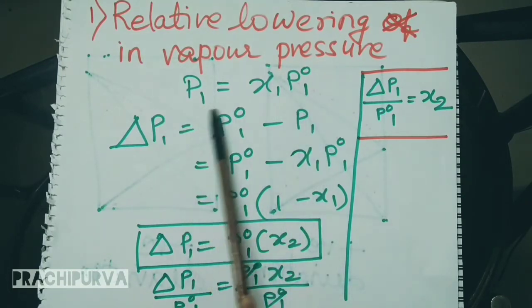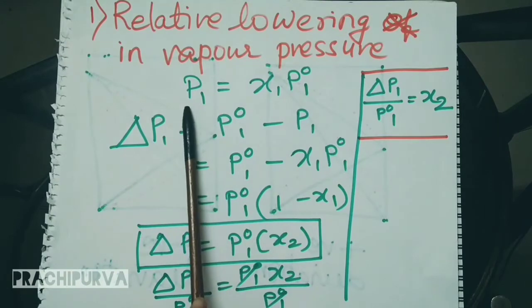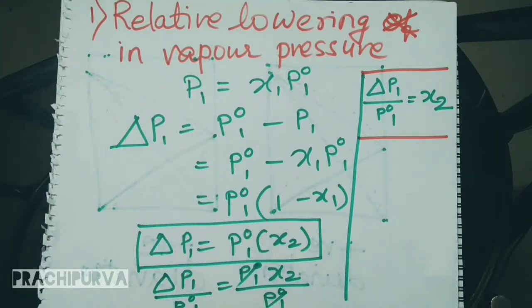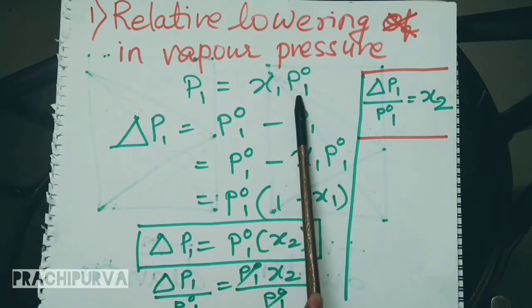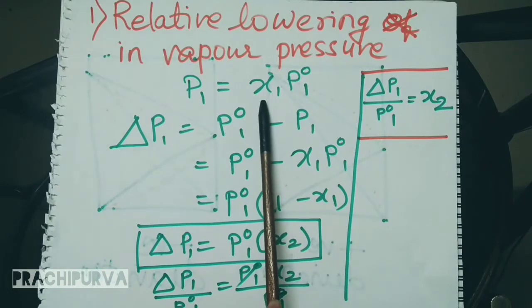What is P1? Vapor pressure of the solution. Solution means solute plus solvent. What is P01? Vapor pressure of pure solvent when you haven't added anything to it. There is nothing in it, only solvent. What is X1? Mole fraction of solvent in the solution.